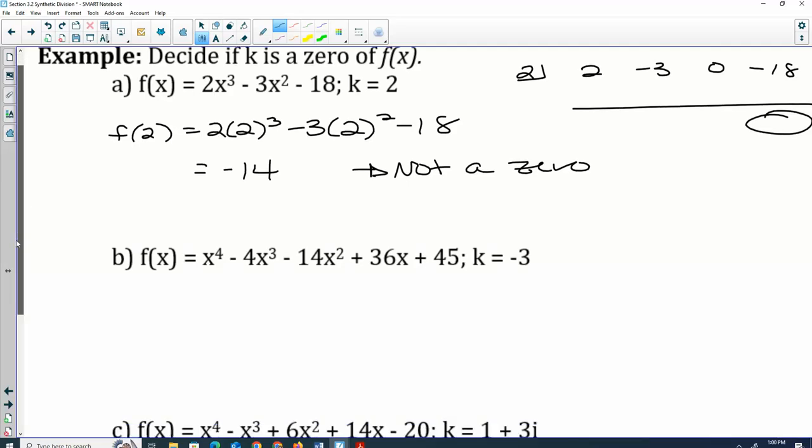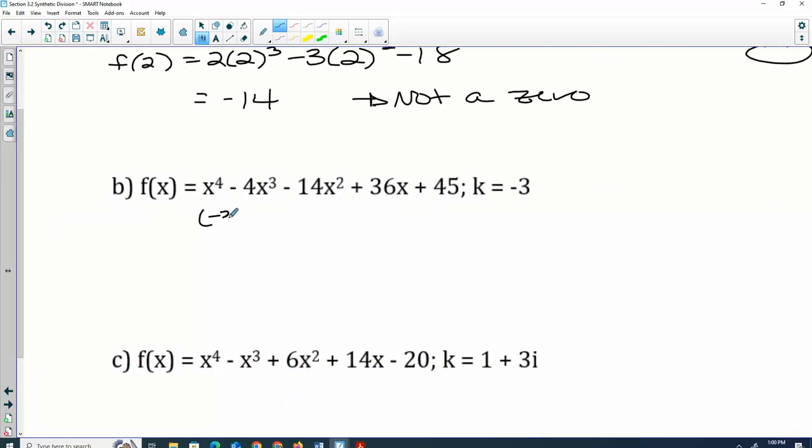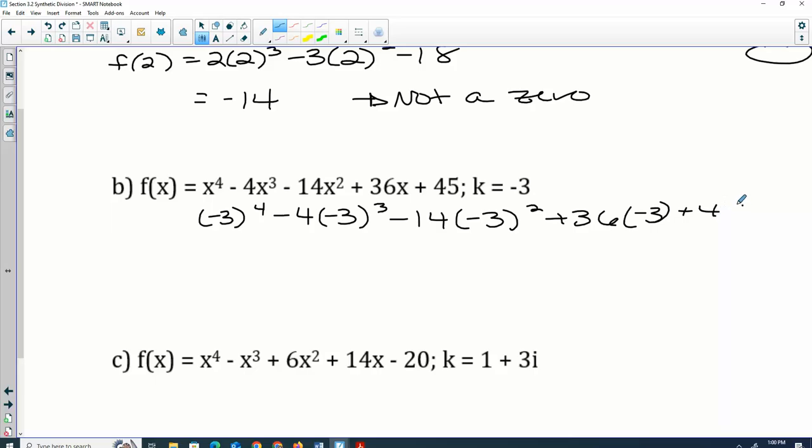So if I want to know if -3 is a 0, plug it in. What do you get? 0. So that means this one is a 0.